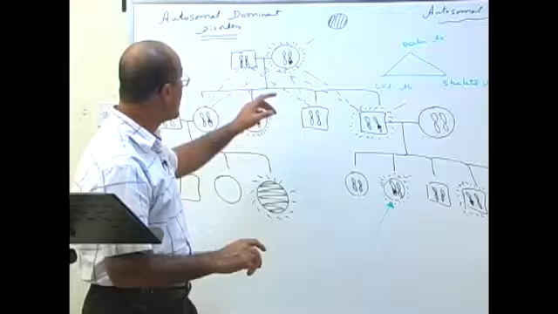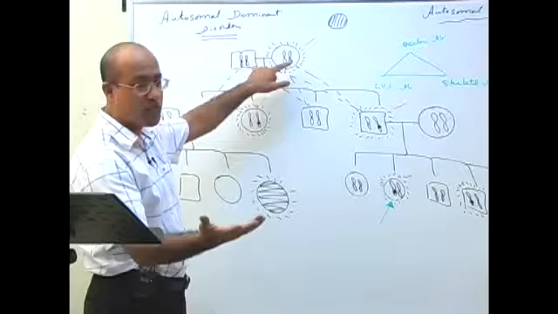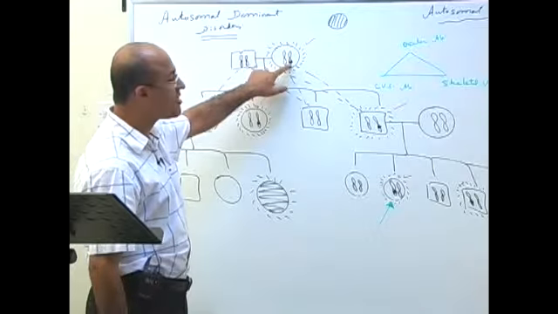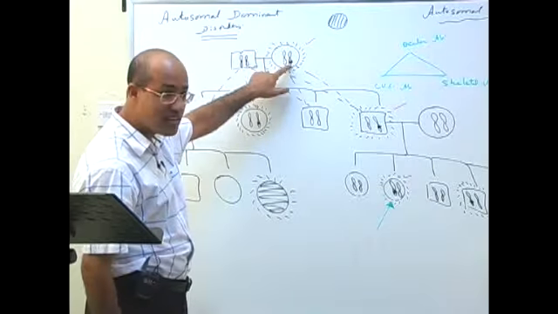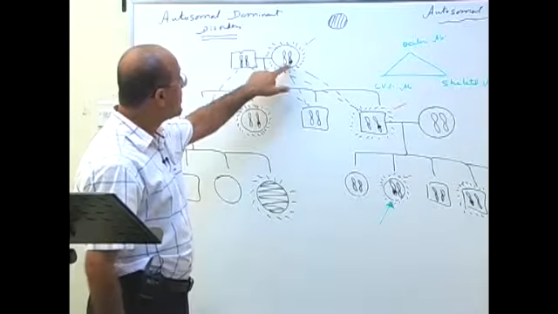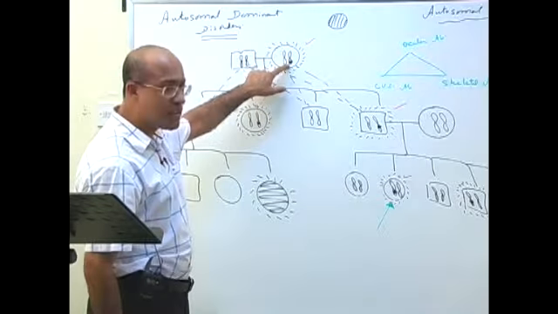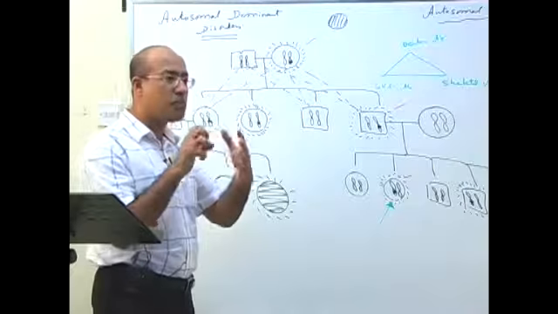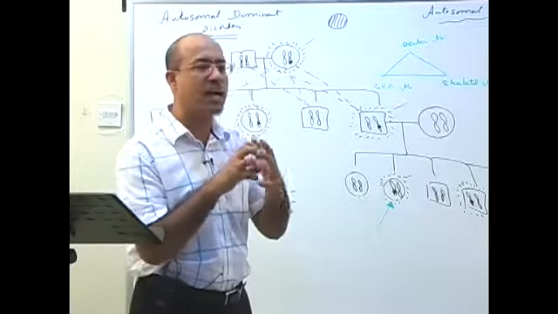Now if this gene, in some other family on some other chromosome, is expressing the receptor for LDL, this mutant product is not properly acting as a receptor for LDL.